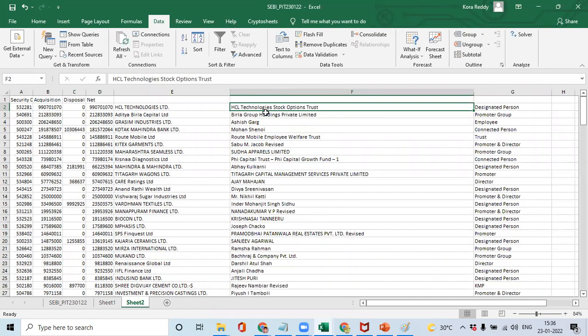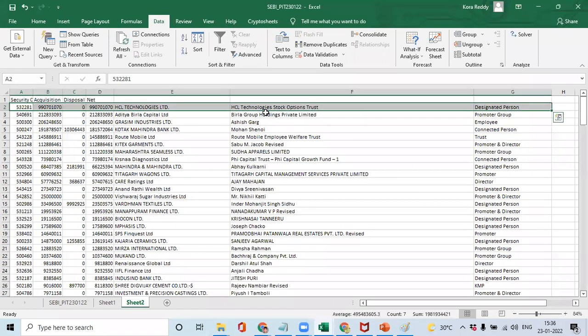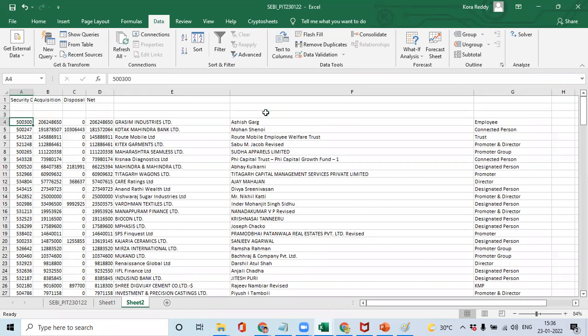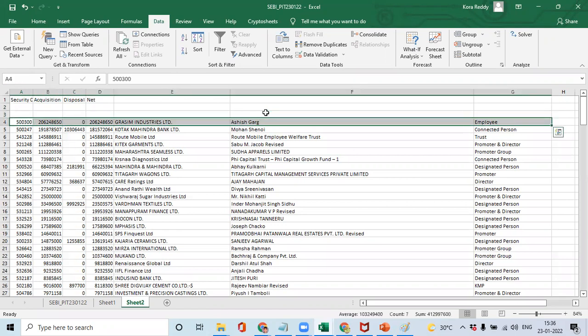And I'm not interested in this trust because the trust has anyway a lot of money. So I'll delete that. Again, this is a company. Company will have a lot of money. I will delete it. This looks interesting because some person called Ashish Garg, whoever is an employee, has bought that much stock.